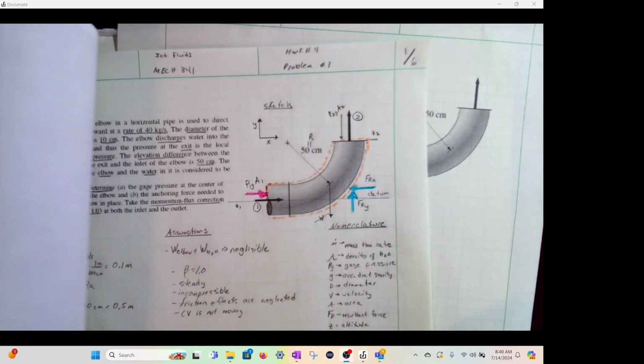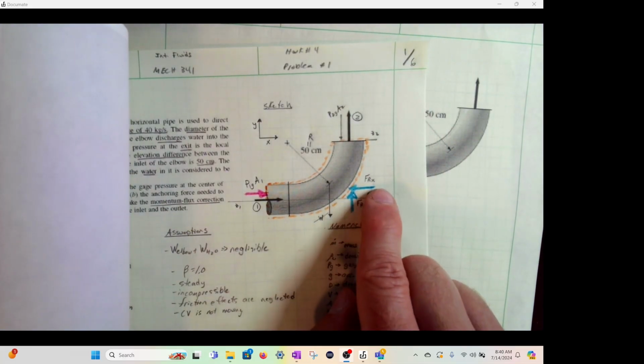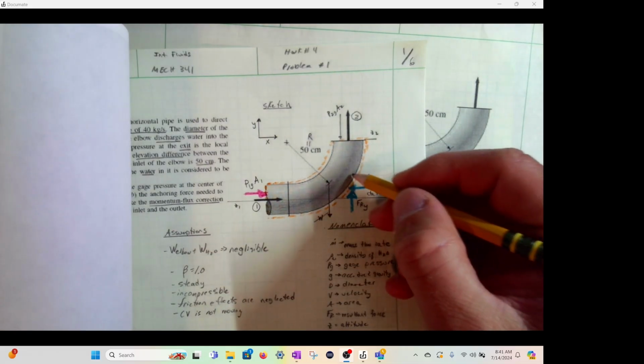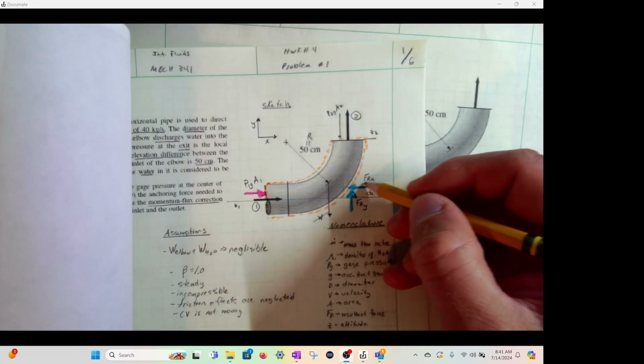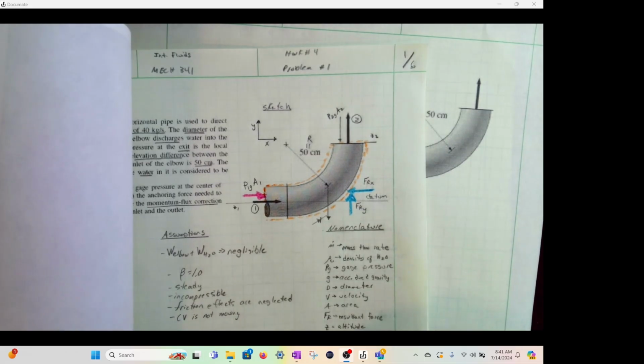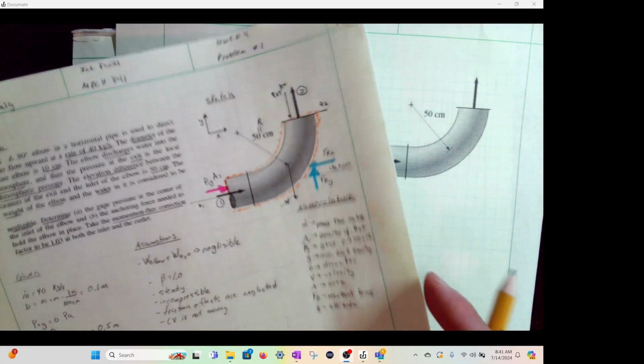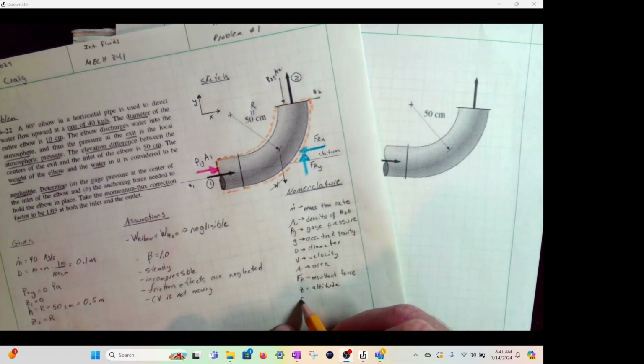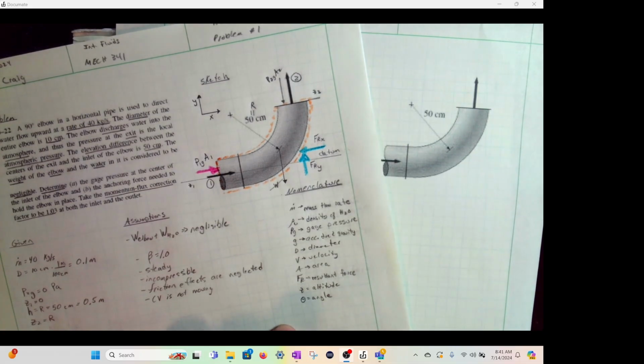So if I go back to the sketch here, it goes over and up, and the angle that it makes right here is theta, 40 degrees. Okay. So this is good because you can always fix it. Angle. Okay.